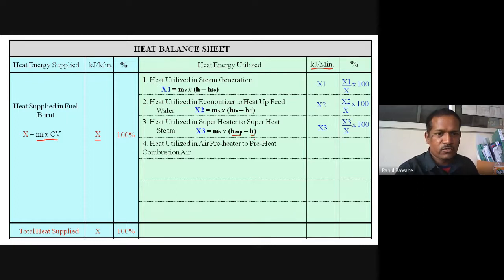So total heat is not utilized for the other purpose, some part is used for preheating the air itself. To avoid that loss, we recover waste heat to preheat air in the air preheater. Now how is it calculated? Suppose X4 is the amount.